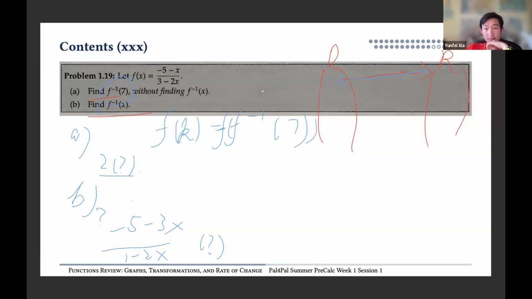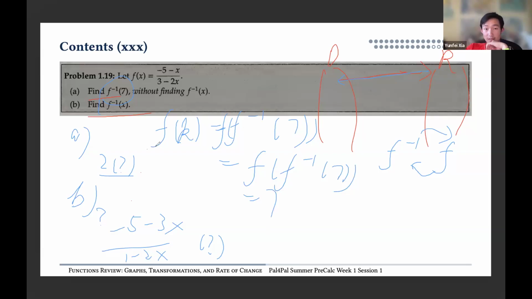But by definition, f inverse undoes the effect of f. So therefore you can also say f undoes the effect of f inverse. So therefore f of f inverse of 7 is just 7.